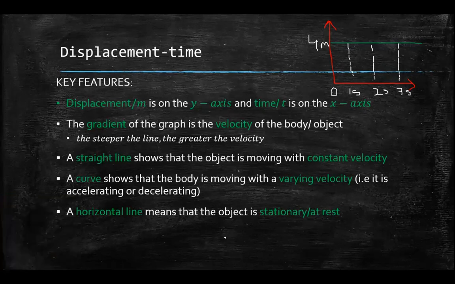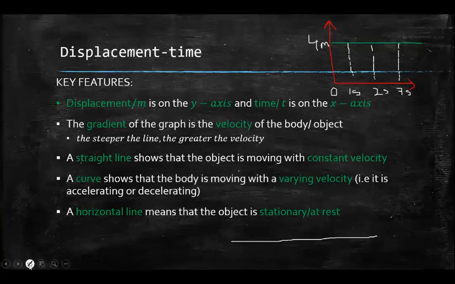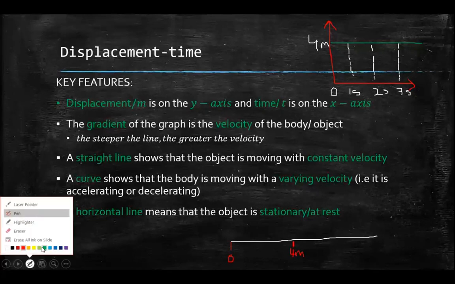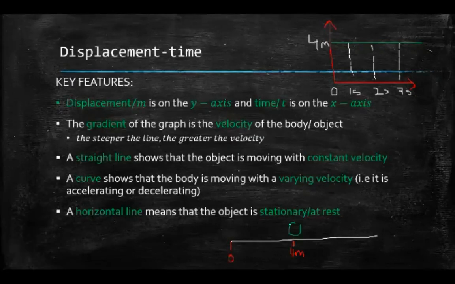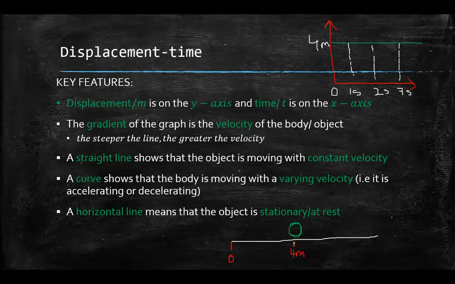Let's say I'm trying to make this as simple as possible. So let's say this is 0. This is 4. My body starts off here. From my starting point, which is 0 meters, I'm actually at the 4 meter mark, right? But time is going by, and I'm still at this mark right here.